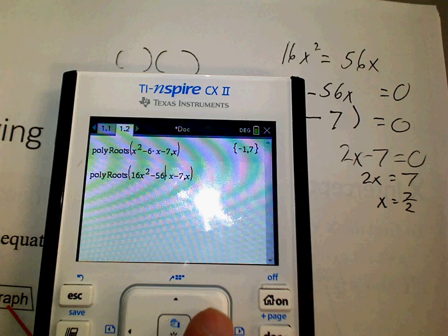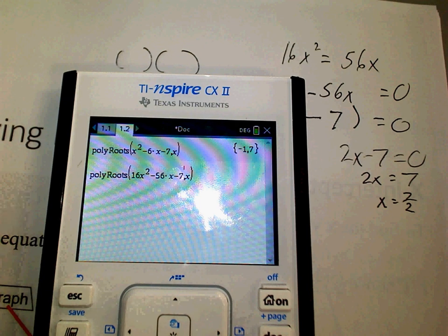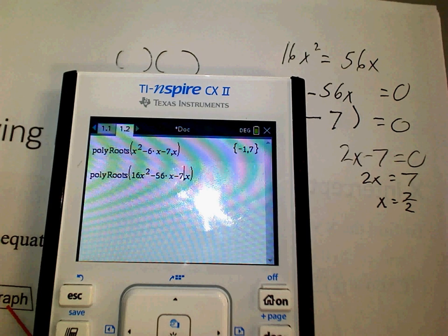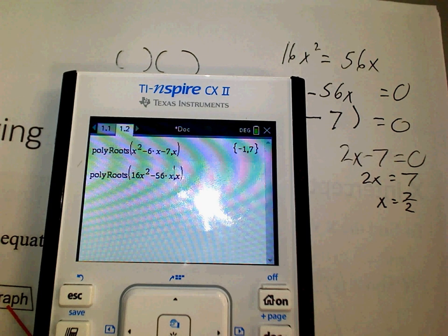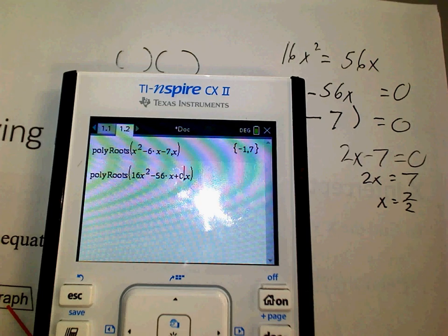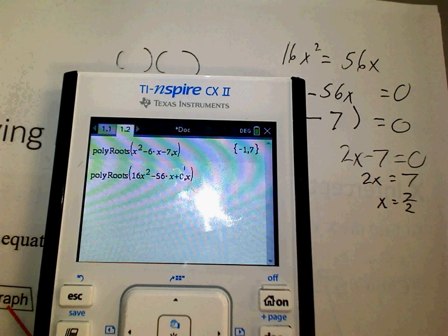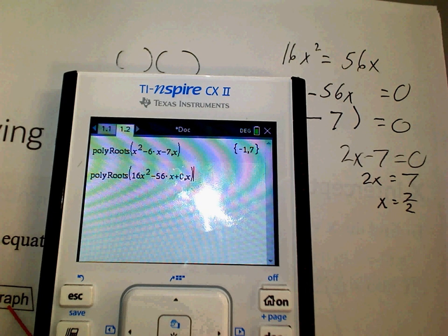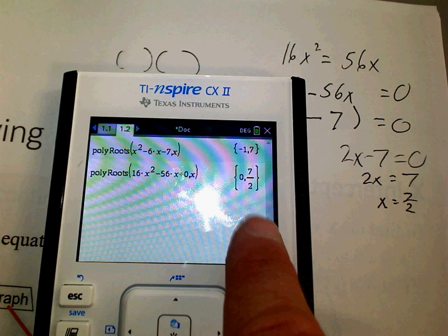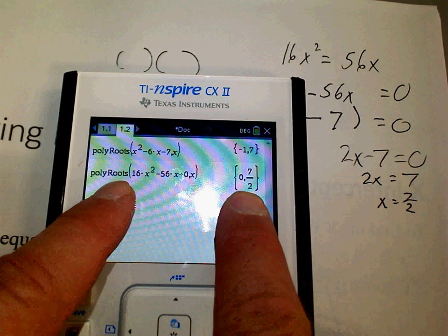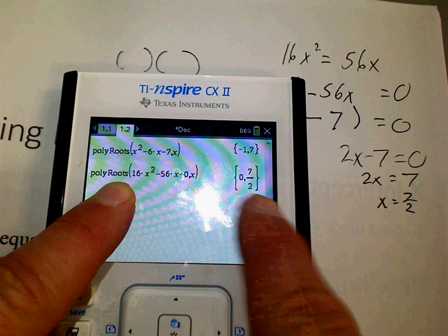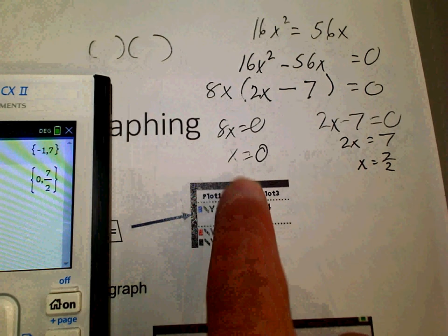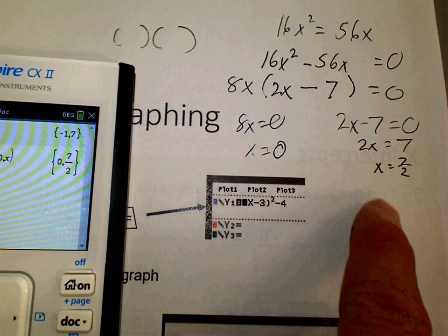And what was the last part? There wasn't a constant, was there? I could put 0 if I want to remind myself there's no constant, but you don't even have to. Let's see if I get the correct answer. Oh, looky here. The roots, or the solutions, are 0 and 7 halves. And that is what we found through factoring. Yay, it worked. It's all the same.